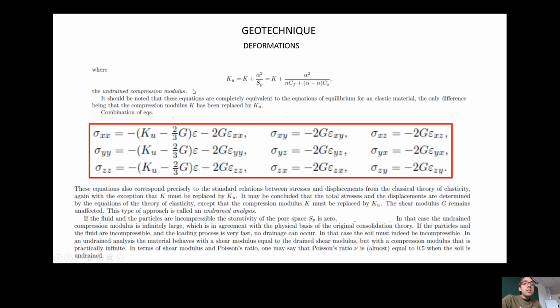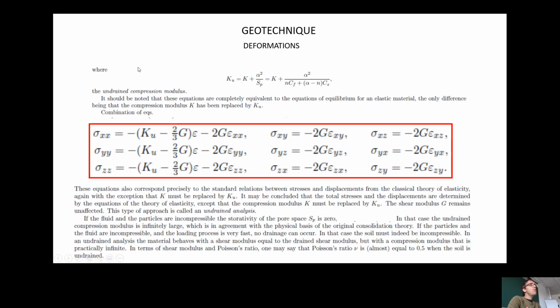It should be noted that these equations are completely equivalent to the equations of equilibrium of an elastic material. The only difference, of course, is that the compression modulus K is replaced by Ku.